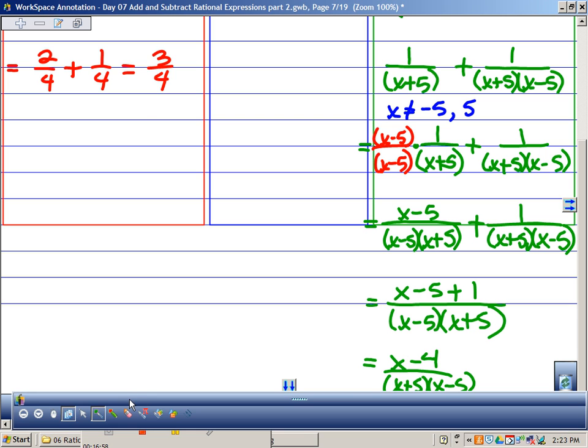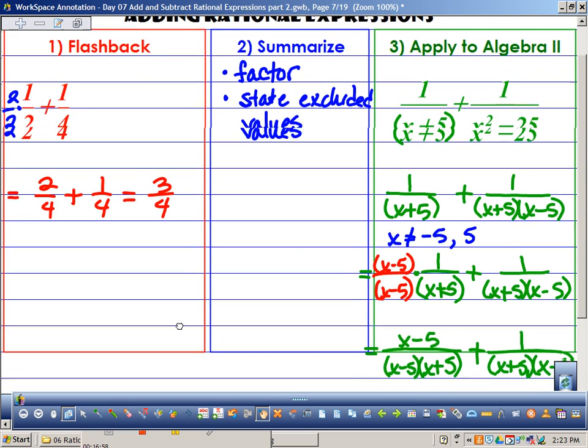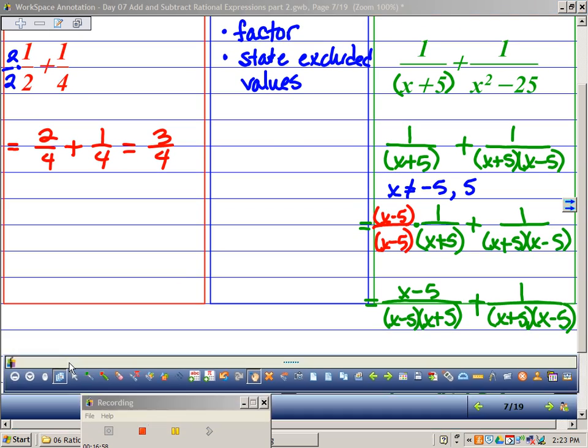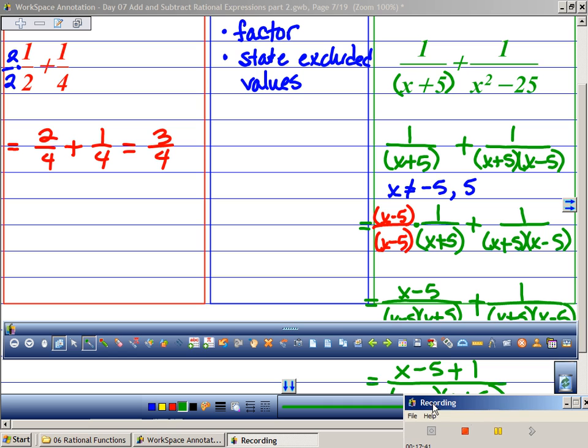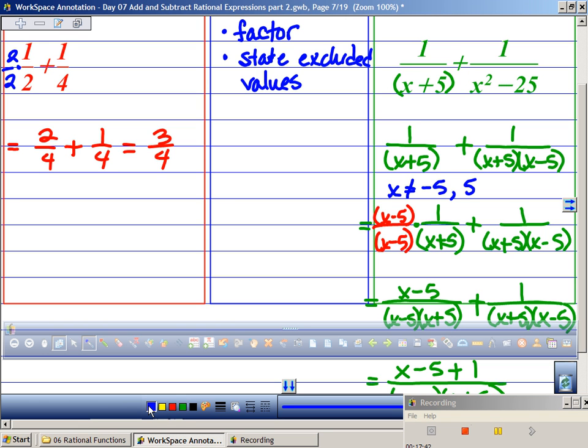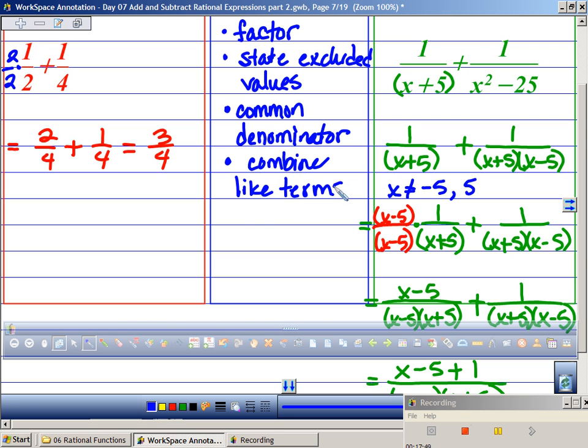Okay, so let's go back and make sure we have all of our steps down. So we stated excluded values, then what did I do? Can you put it into words? What did I do next? I multiplied by 1, or I found my common denominator, right? Common denominator, and we did that whole thing. Then once I had a common denominator, I could combine like terms in the numerator.